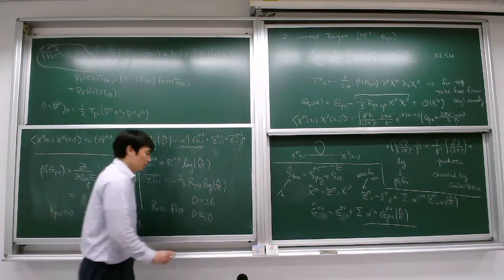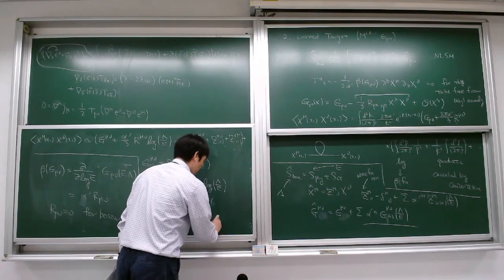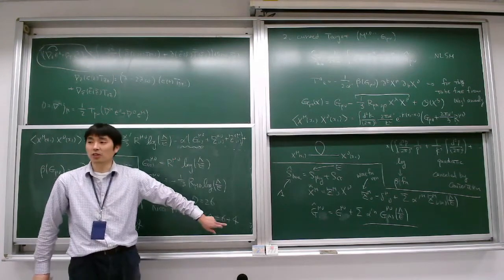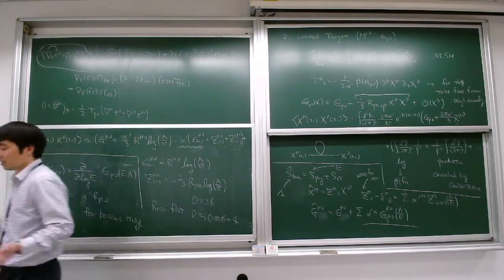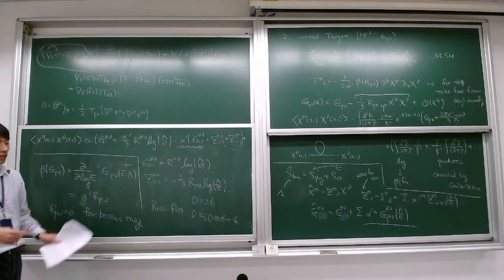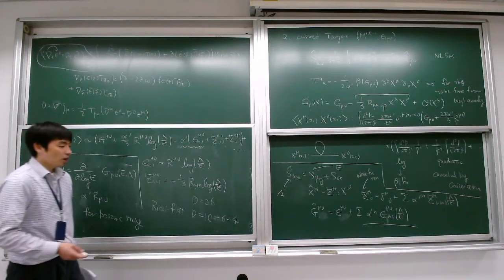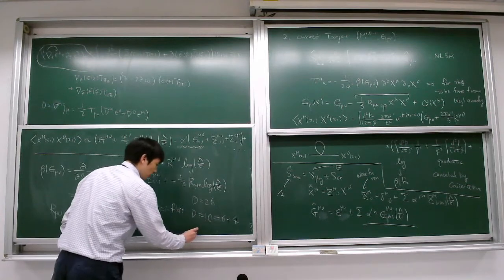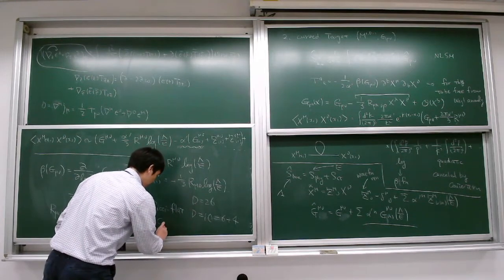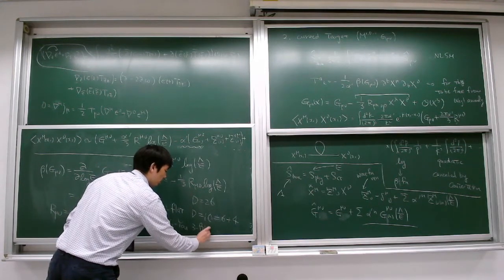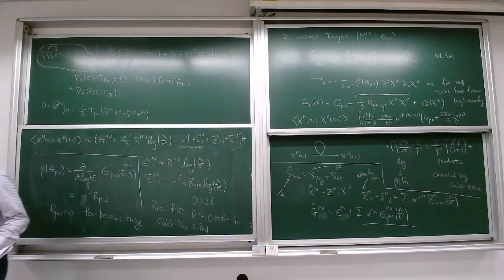And this is usually decomposed as 6 plus 4. 4 is the space-time direction, and 6 is the so-called internal manifold, a 6-dimensional Ricci flat manifold. And if it is complex, this leads to a Calabi-Yau 3-fold. 3 means complex 3-dimensional.